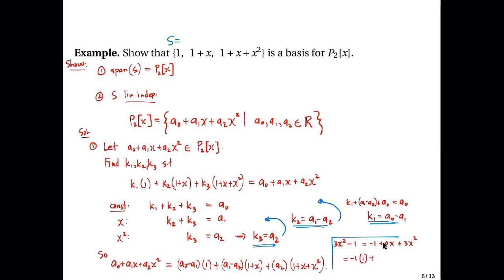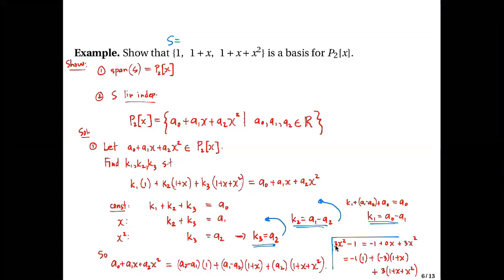So A1 minus A2. So that will be negative 3, 1 plus x plus A2. And this is your A2. That's 3. So plus 3, 1 plus x squared. Okay?